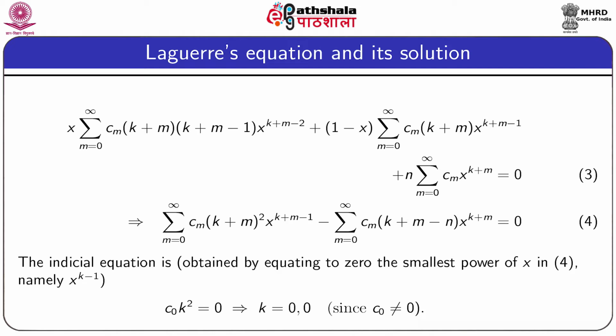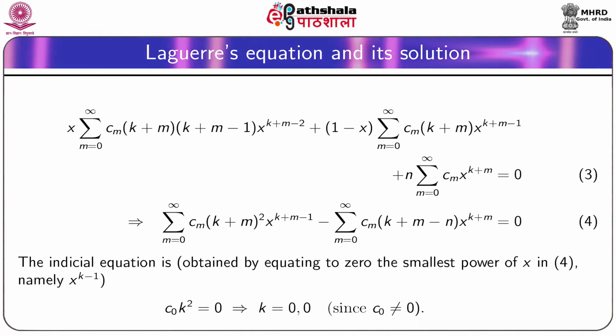Next, we obtain the indicial equation from equation 4, which is obtained by equating to 0 the smallest power of x from expression 4, and in this case it is x to the power k minus 1. You get this smallest power by putting m equal to 0 in both expressions.